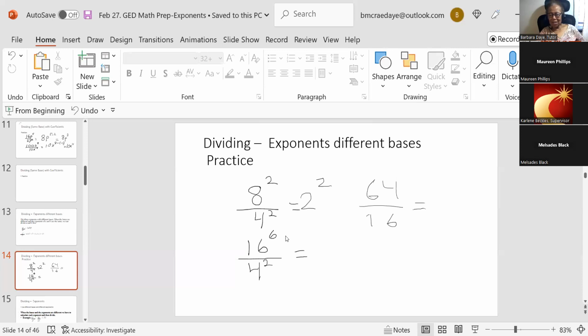How many 16s are there in 64? 4. 4, that's right.